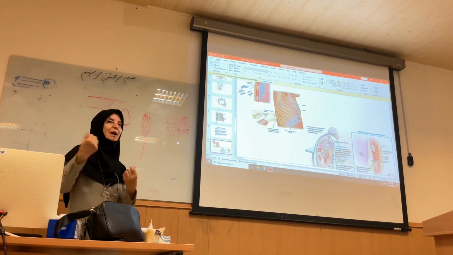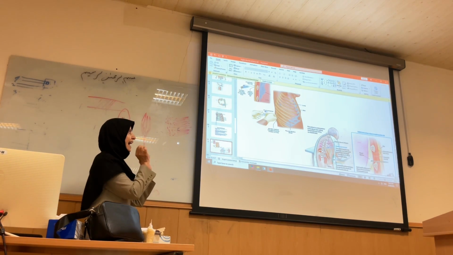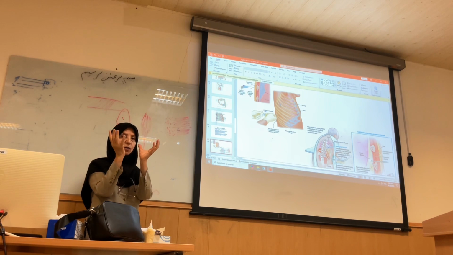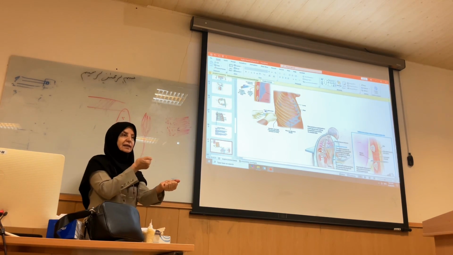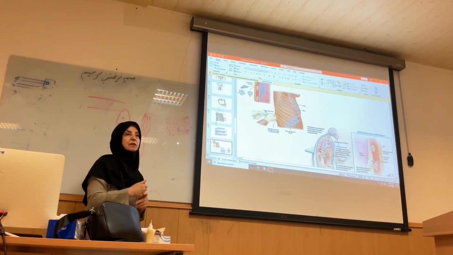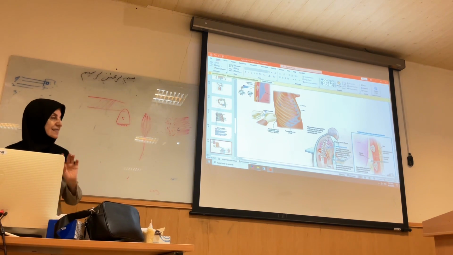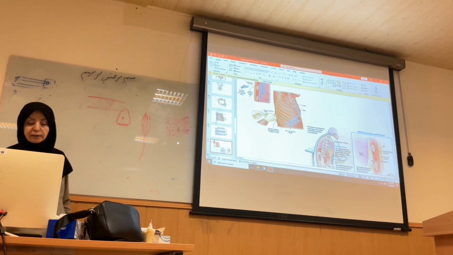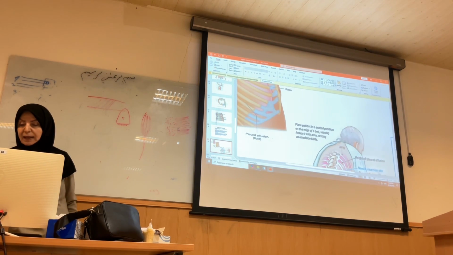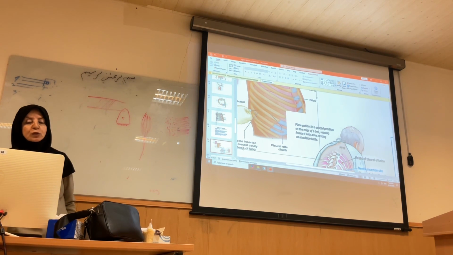You need to pass a needle between the intercostal space, access the area around the lung, and drain this liquid, blood or pus. How can we pass the needle? You should remember, if you want to pass the needle in one of the intercostal spaces, you should stay far from the inferior border of the superior rib.